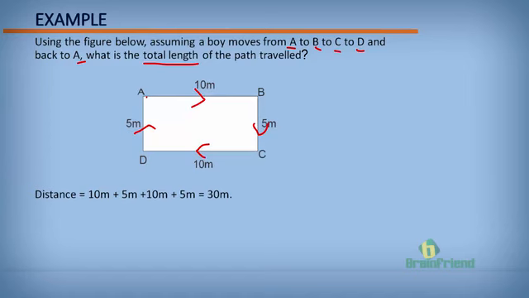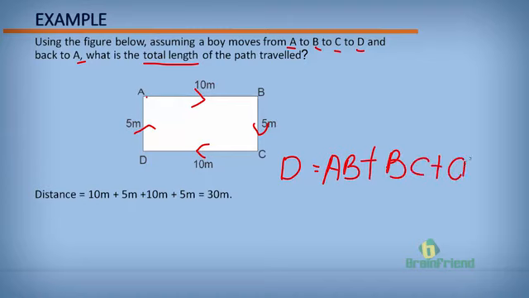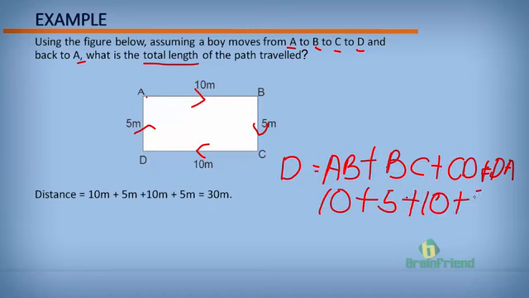So it's quite easy. All you have to do is a summation of the entire length of his movement. You have distance here is equal to the length of AB plus BC plus CD and then plus DA, which gives us 10 plus 5 plus 10 and plus 5 gives us a sum of 30 meters.